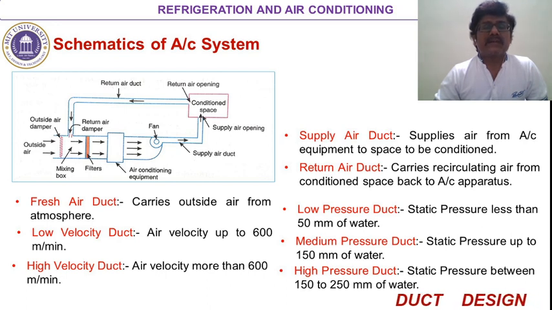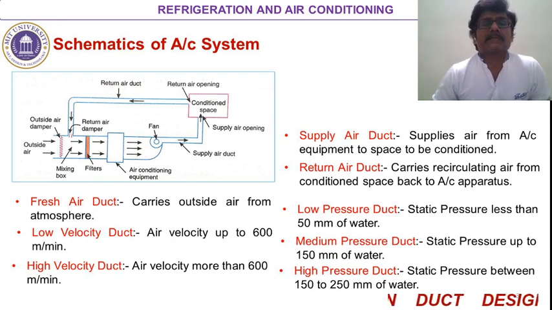Then part of this air is mixed with the return air coming from the conditioned space. That is a return air damper, which regulates the quantity of air passing from the return air duct. The outside air damper also varies the quantity of fresh air getting admitted into that duct.